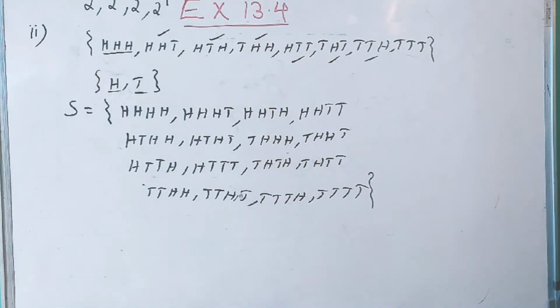This is our sample space corresponding to the experiment of tossing a coin 4 times.